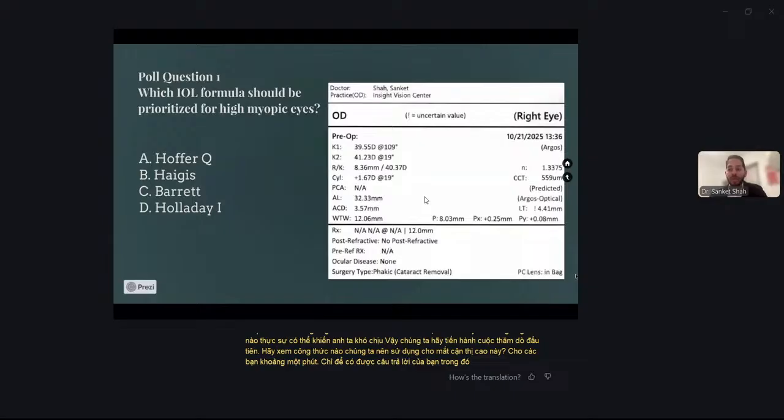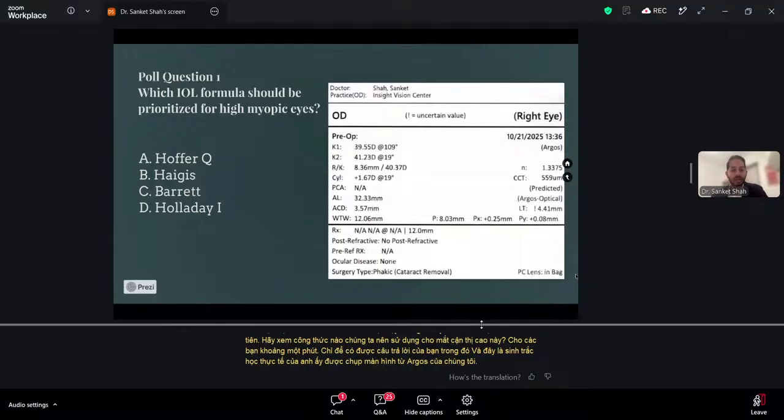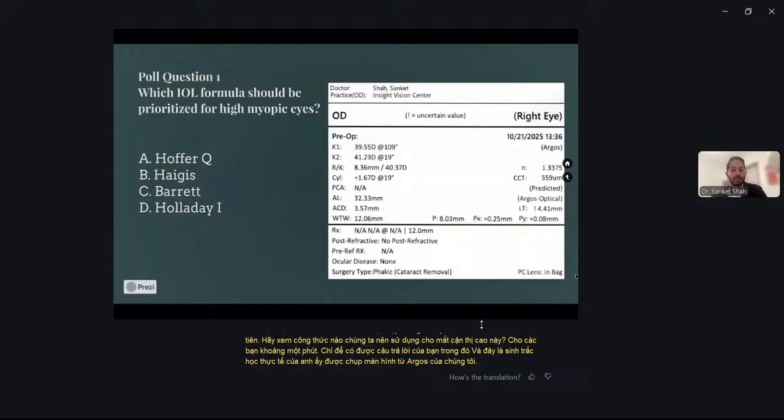And this is his actual biometry that was screenshotted from our Argos. Okay, this is great. I like to see results like this in questions.